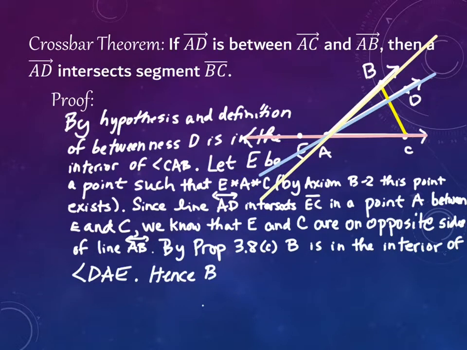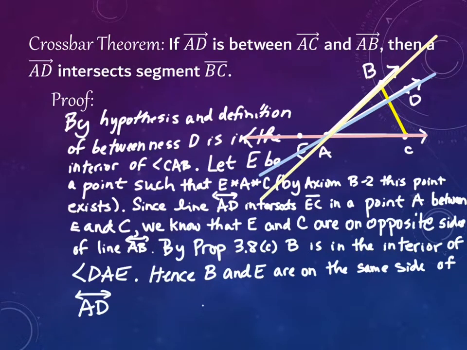Hence, B and E are on the same side of line AD, by the definition of the interior of an angle.